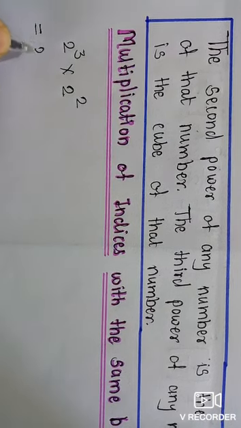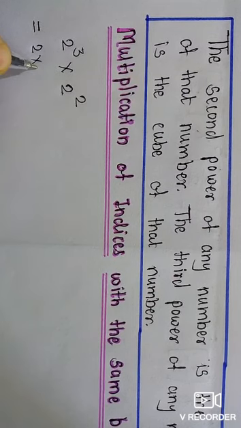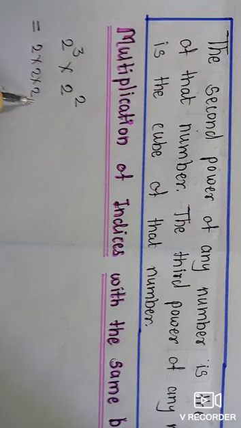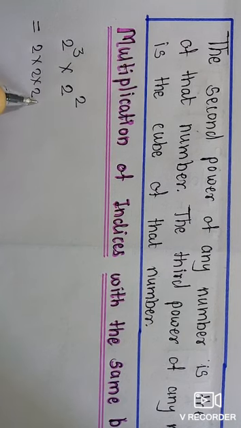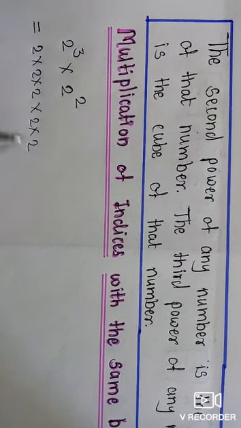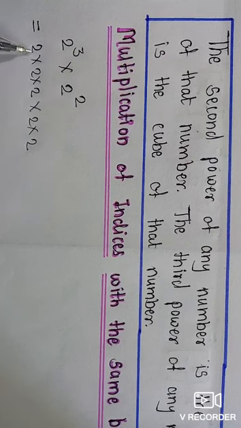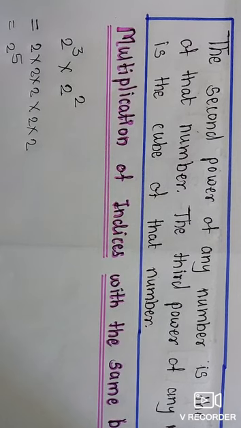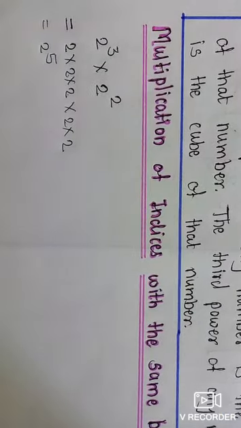See here, 2 raised to 3 is 2 into 2 into 2, otherwise you can say cube of 2. And here square of 2 is 2 into 2. So how many times is 2 there? 1, 2, 3, 4, 5 times. So you can write it as 2 raised to 5.